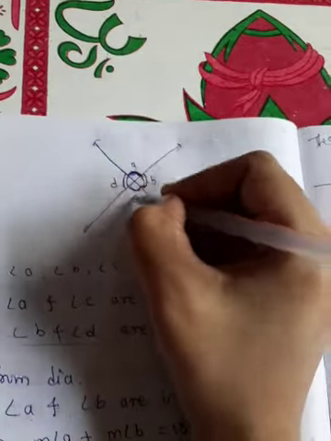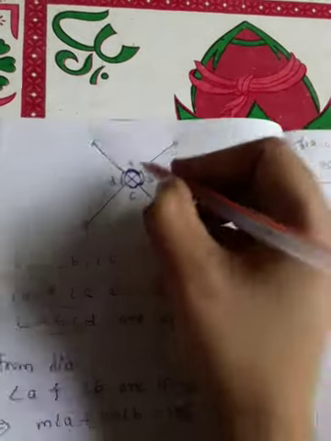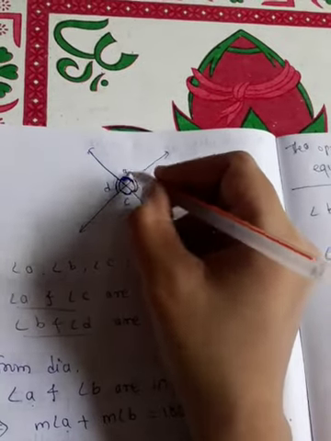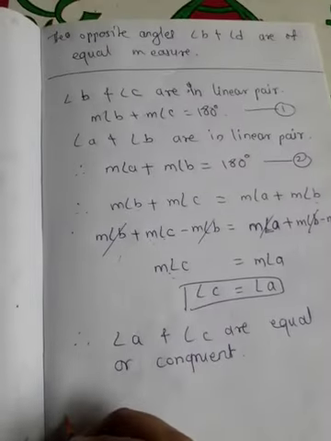So again, these two angles are opposite angles, and we got information that these two opposite angles are also equal. Means what information we get?